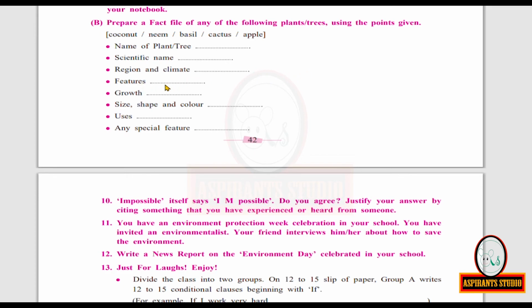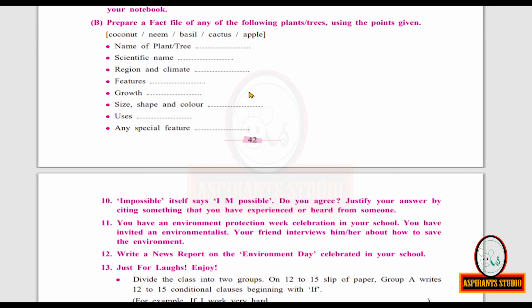Then features you can write about the fruit, leaves and so on. Then for growth you can write the size and shape. The trunk of the coconut tree is ringed with scars where old leaves have fallen.